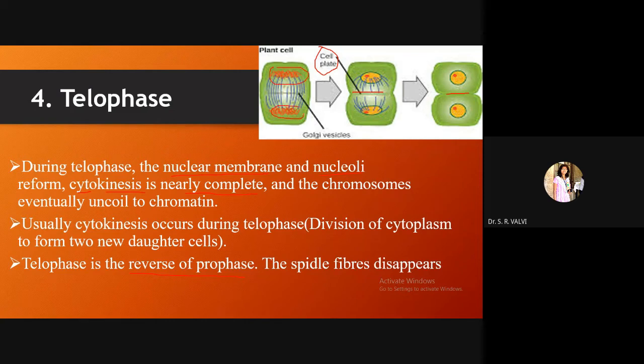And now each of these cells will have its own nuclear membrane and its own nucleoli, right? So usually cytokinesis occurs during telophase, the division of cytoplasm to form two daughter cells. So likewise in telophase, the nuclear membrane reappears, nucleoli reappear, cytokinesis occurs again, and one cell is going to divide into two.